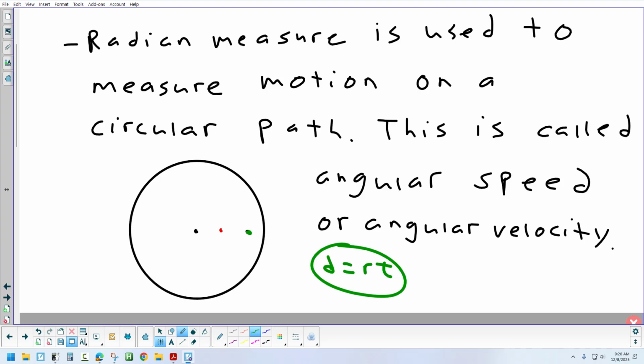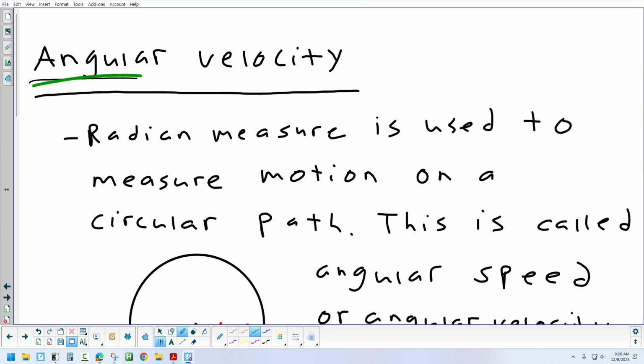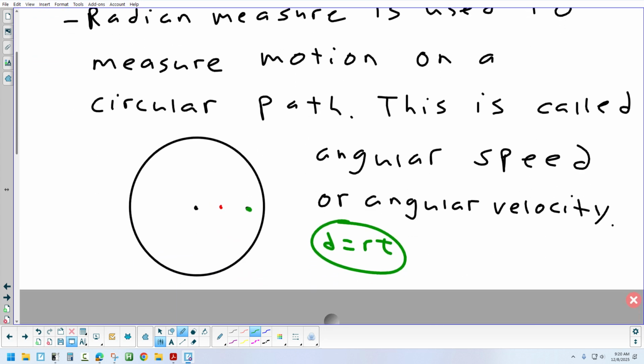Every point along the disk, from the center to the edge, would be traveling at a different linear speed. So what we're going to do instead is describe the speed of this disk angularly, which describes how many revolutions the dots make per minute, not the length of the path that the dot is traveling.